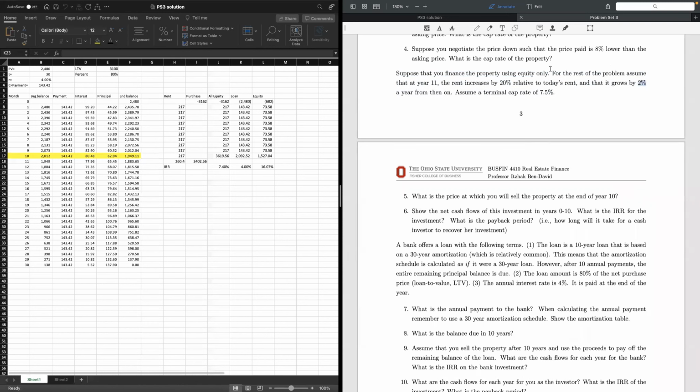This is a little bit confusing or misleading, because some of you use 7.5% minus 2%, which equals 5.5%, as the terminal cap rate that you plug into the formula for the sale price. So some of you use new NOI divided by 5.5%.